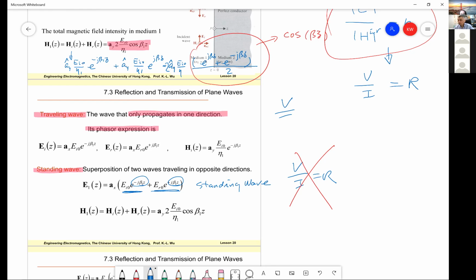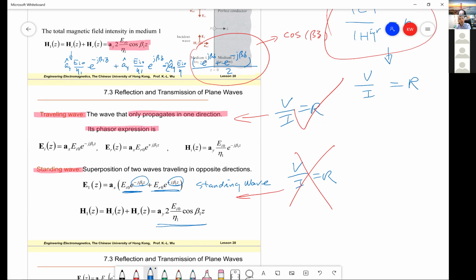For a traveling wave, we can do this. When we superpose two traveling waves, you can apply Ohm's law to each traveling wave, then add together to form a new standing wave.